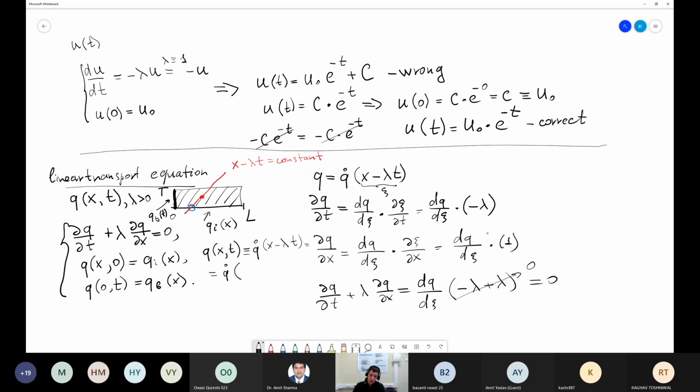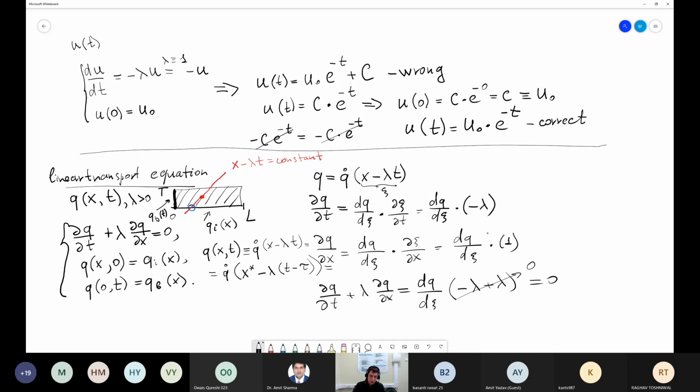Let's point here: the time moment, the previous time moment, and some point X star minus lambda T minus tau.